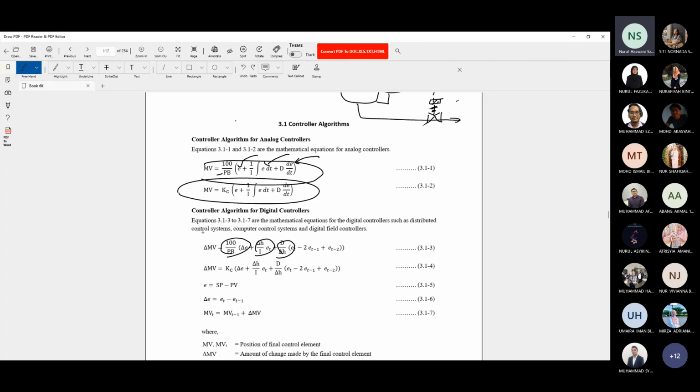Because the digital controller will read the discrete value of error. So we see the error E at time n, then n minus 1, n minus 2. That shows the discrete value of error, because we use the digital controller. That's the difference. Can you understand?